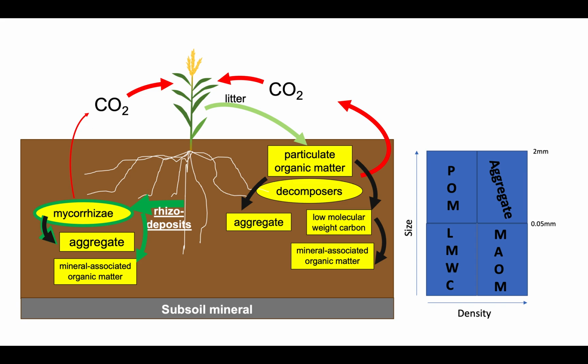There's dissolved or low molecular weight carbon, also known as dissolved organic carbon or dissolved organic matter. It's very small, low density, kind of runs down the rivers and feeds the ocean fisheries, but it's largely transient. And so much of the carbon there is lost.